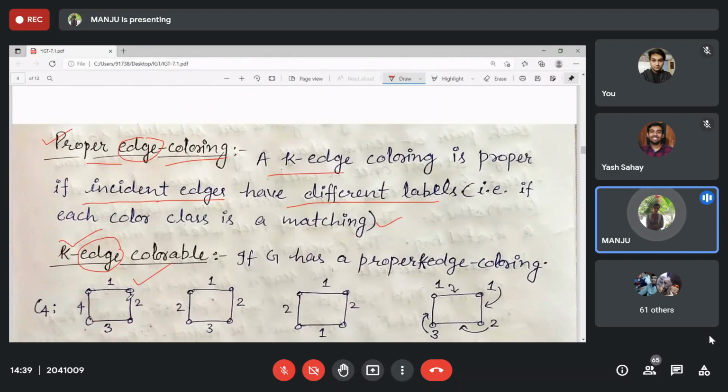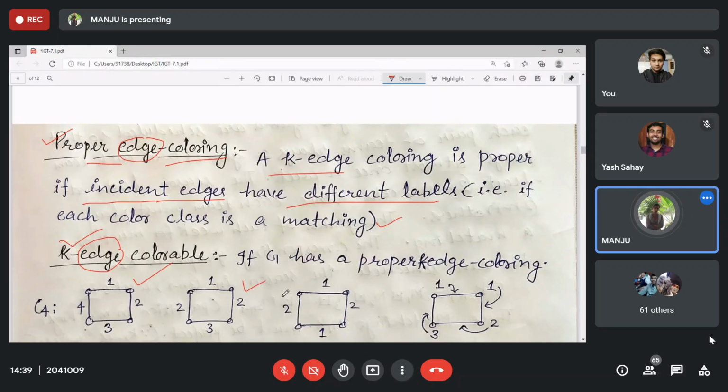Here we are using 4 colors to color it properly, so this is 4 edge colorable. Here we are using 3, so this form of C4 is 3 edge colorable.